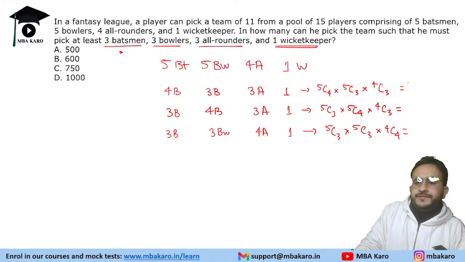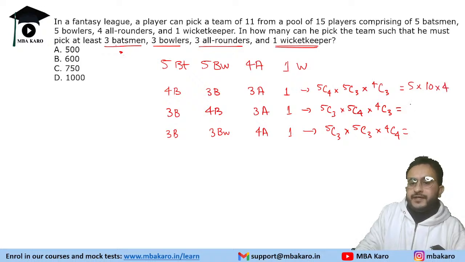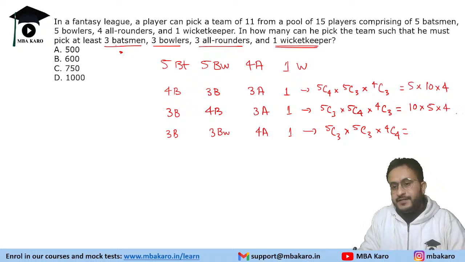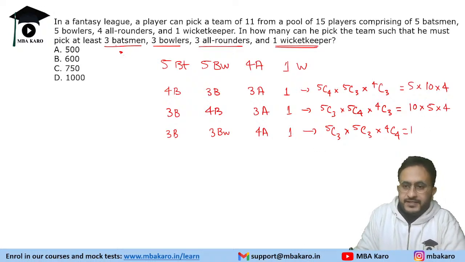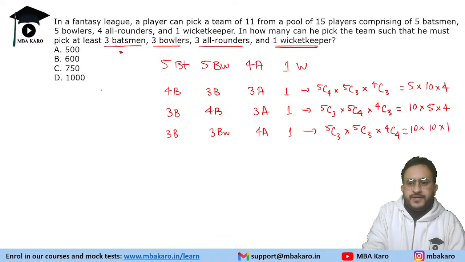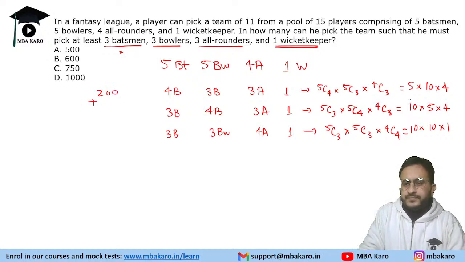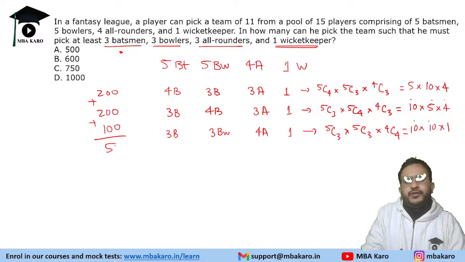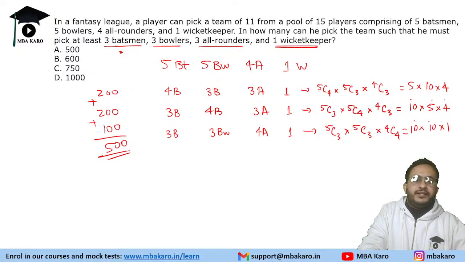So 5C4 is 5, 5C3 is 10 and 4C3 is 4. First case we are getting 200 ways, that is 50 into 4. The second is 5C3 is 10, 5C4 is 5 and 4C3 is 4, again 200 ways. And third case we are getting total of 100 ways, with 5C3 is 10, 5C3 is 10 and 4C4 is 1. So there are total 500 ways of selecting the team.